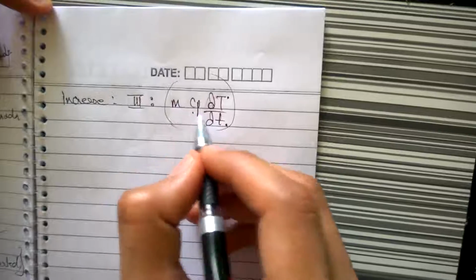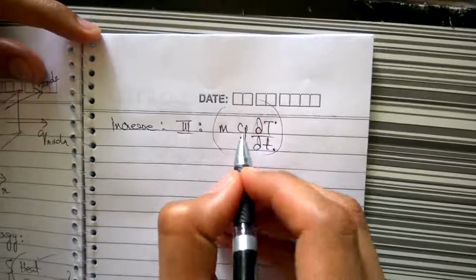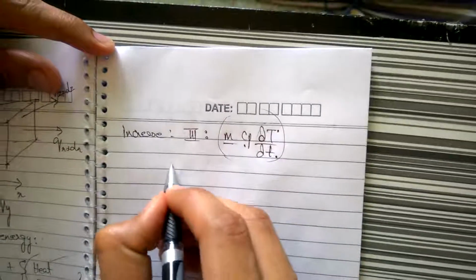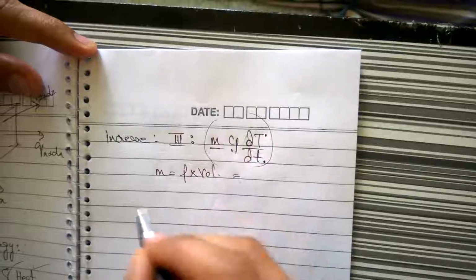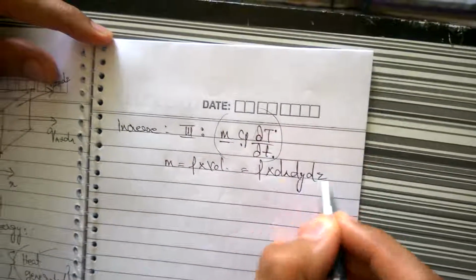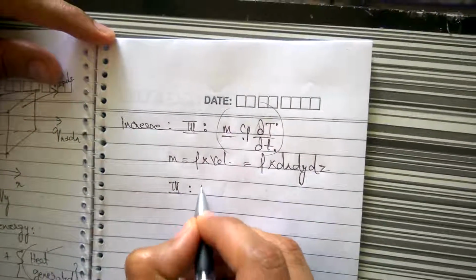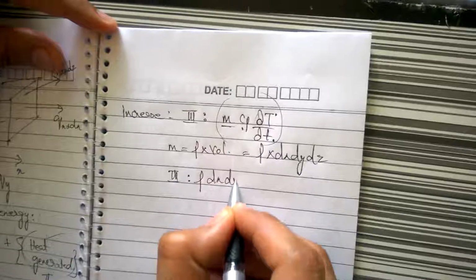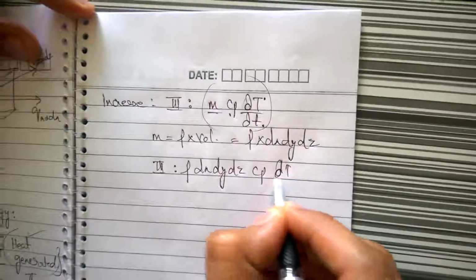Cp is your specific heat at constant pressure, right? And this is your mass. Now the mass of the system is nothing but density into volume, and volume, as we told, is dx into dy into dz. So this third term essentially becomes rho into dx dy dz into Cp ∂T by ∂t, right?